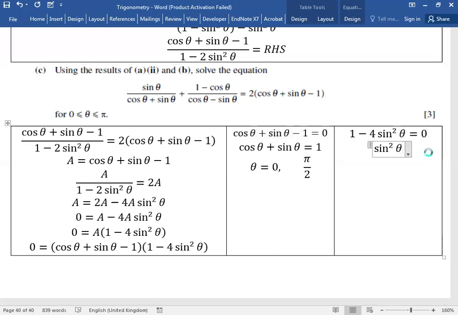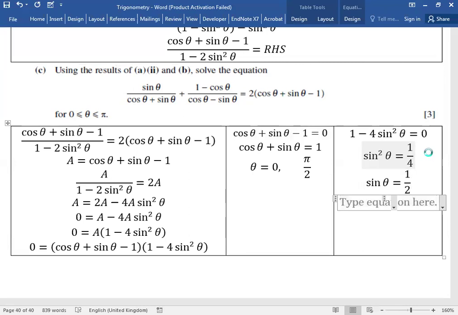Sin square theta is या तो 1/4, अब प्लस माइनस दोनों होंगे, बट आई नो द डोमेन. व्हाट इज द डोमेन? 0 से लेकर पाई में साइन का भी नेगेटिव होता है. दैट इज द ओनली रीजन आई एम नॉट कंसिडरिंग द नेगेटिव रूट. सही है. If the domain were beyond pi I would have considered plus half and minus half both. ठीक है. So what are the values of theta?